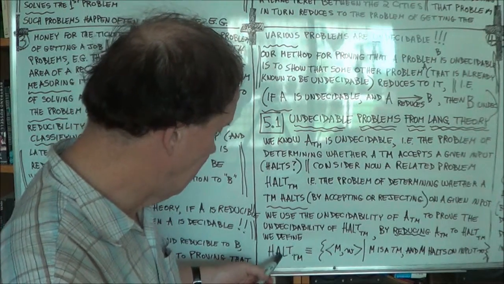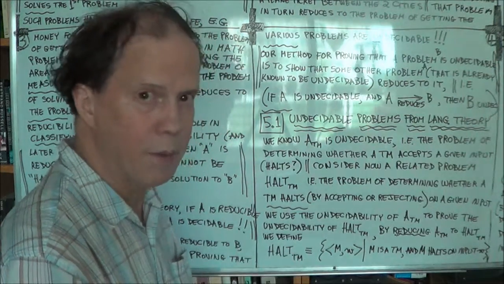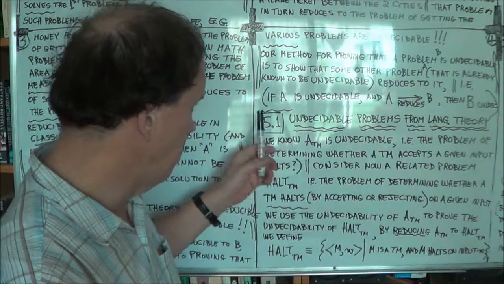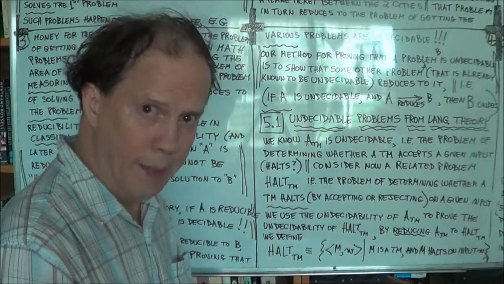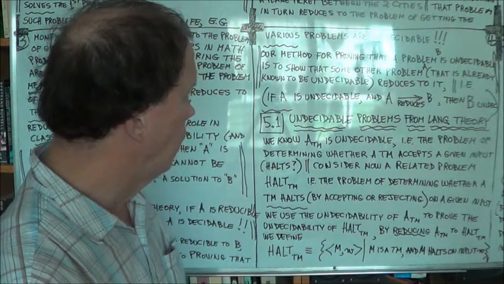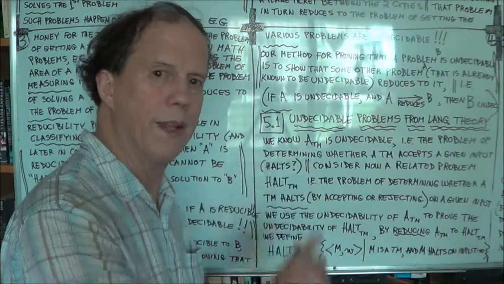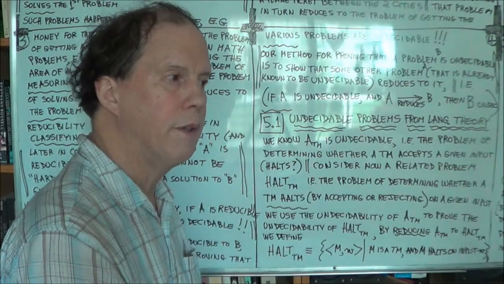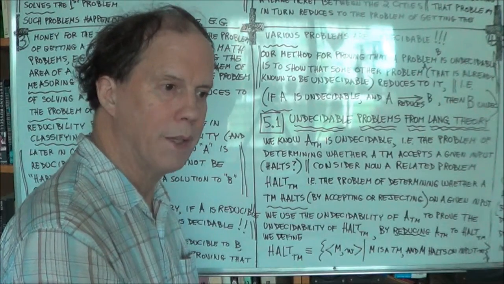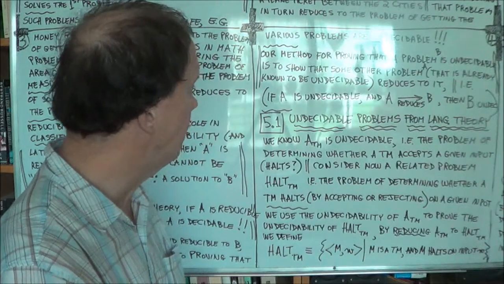So here we have a new language. Haven't seen it before. Well, sort of. Now we're going to use reducibility. For the moment, we only have one example that we know of an undecidable language, and that's A_TM.